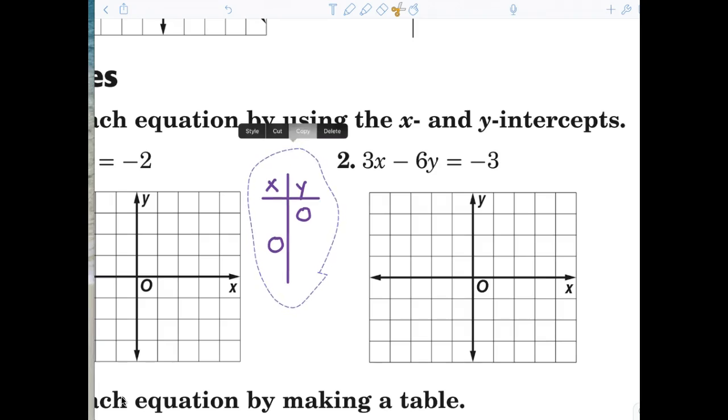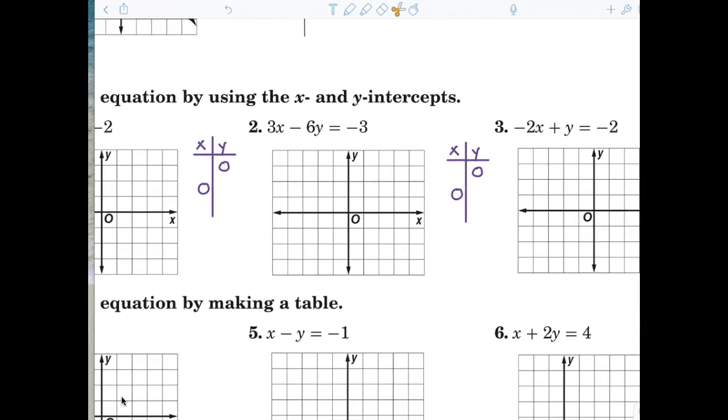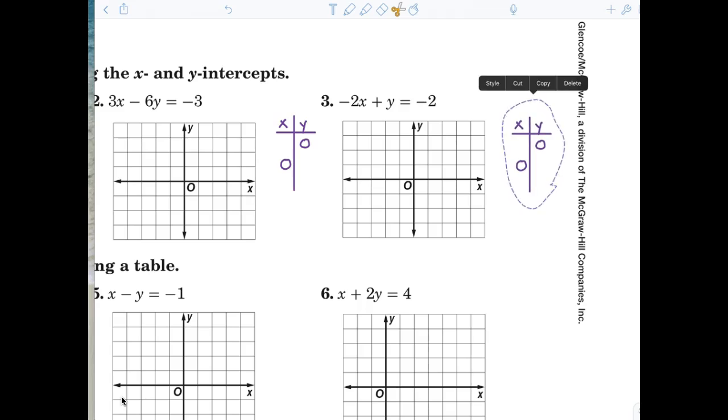Hold on a second. There we go. I know how to do it. And then I got one more to do. So I paste that. There we go. Everybody see that? Just saves you a little bit of time. Anybody have any questions with that? So that's how you're going to start these problems.